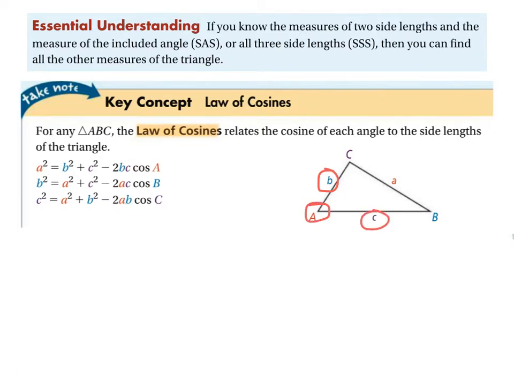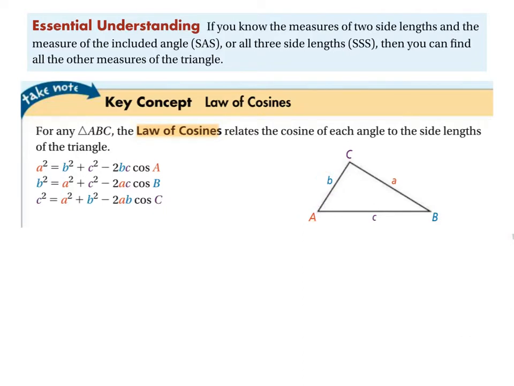Nowhere do we have an opposite angle-side pair. You can see that these are not opposites. Those are both sides, right? The opposite of a side is an angle, and we don't have it. The opposite of this angle is this side. We don't have it. The opposite of this side is the angle. We don't have it. So we don't have a matching angle and opposite side pair for this, so we can't use the law of sines for that.